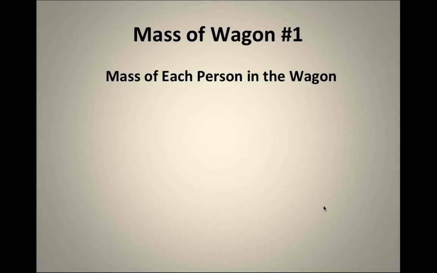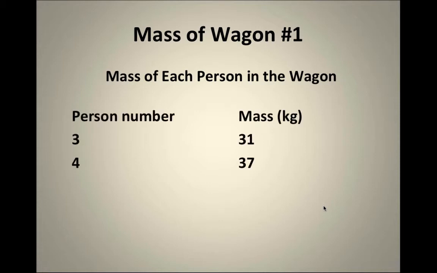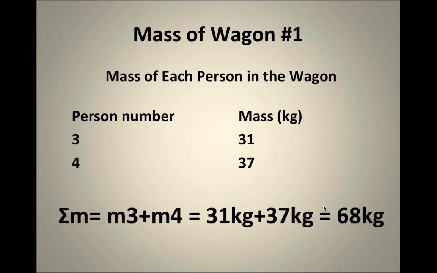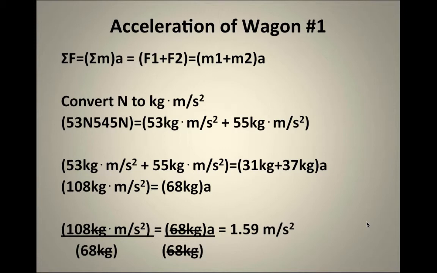Mass of wagon 1. Same deal here. To get the total mass, you're just adding the masses together. 68. Okay? Then to find that acceleration, don't get freaked out here. All you're doing is going F equals ma.